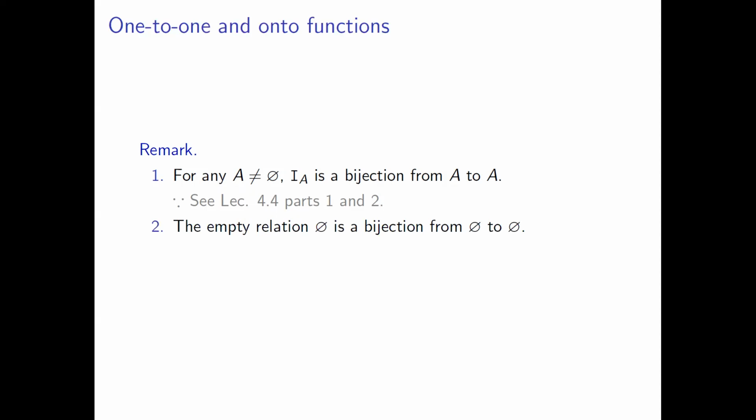Also, the empty relation is a bijection from the empty set to the empty set. This also follows from our result in lecture 4.4 part 1 that the empty relation is an injection, and in lecture 4.4 part 2 that the empty relation is a surjection.